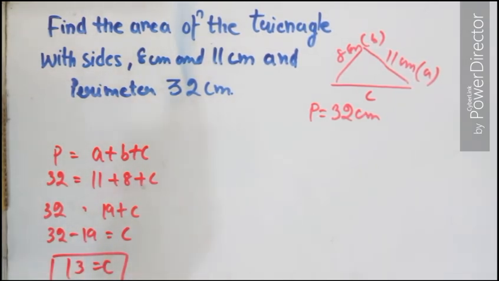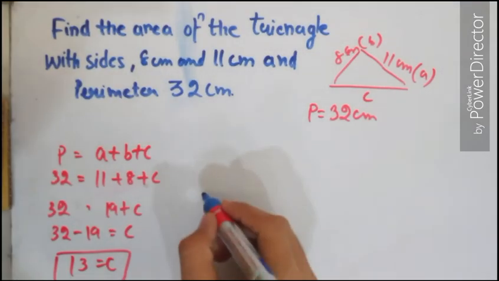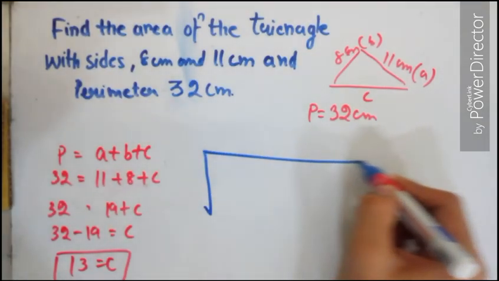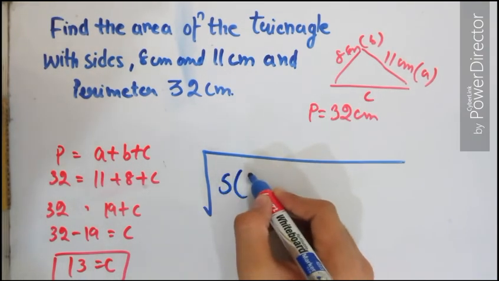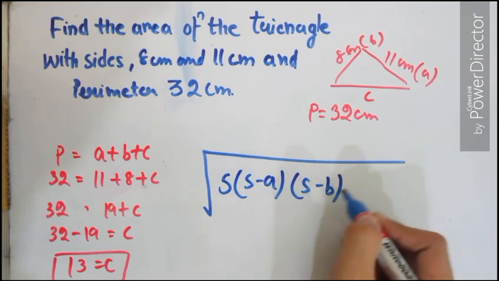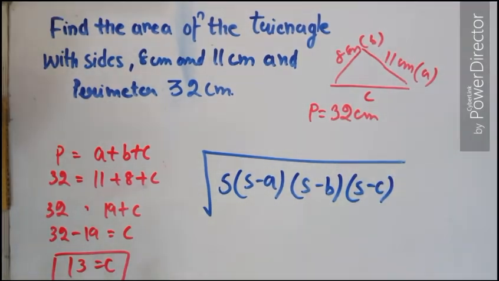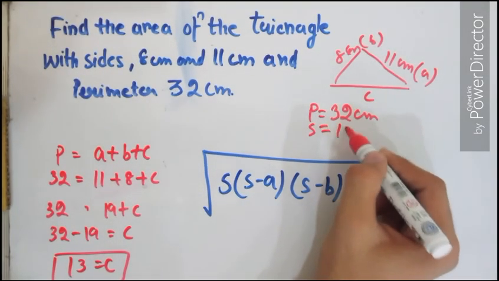Now we're going to solve this by using Heron's formula. Using Heron's formula, the area of the triangle is equal to the square root of S into (S minus A) into (S minus B) into (S minus C). And S is half of the perimeter, that is 32, so S is equal to 16 centimeter.